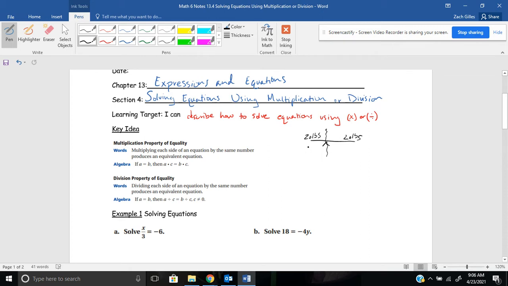If you were to multiply that by 2 on the left and multiply that by 2 on the right, well, that would give you 40 pounds and 40 pounds, and those two stay equal. And that's all these two properties are saying. When you multiply each side of an equation by the same number or divide each side of an equation by the same number, it stays true.